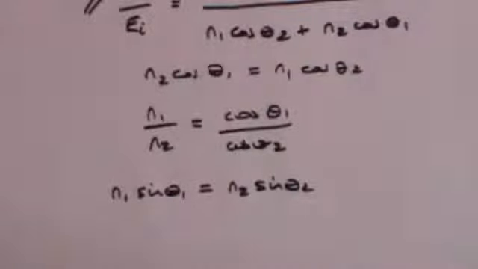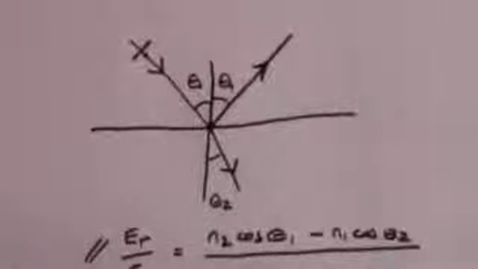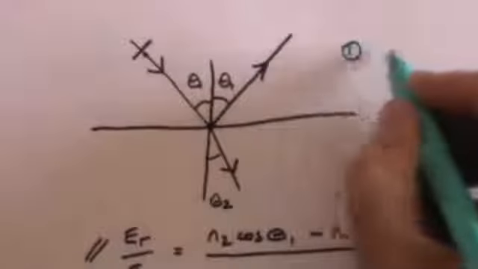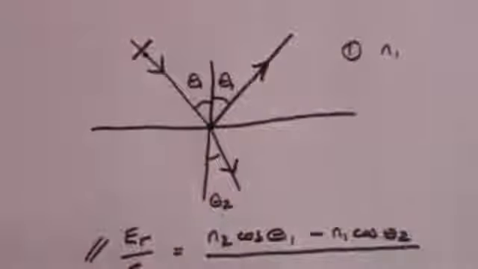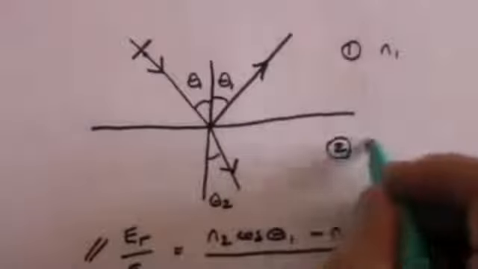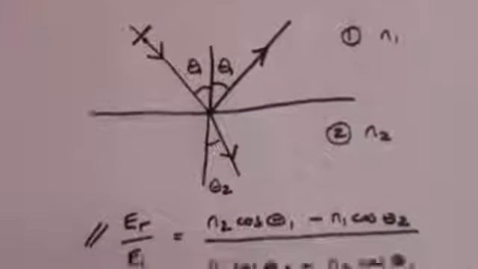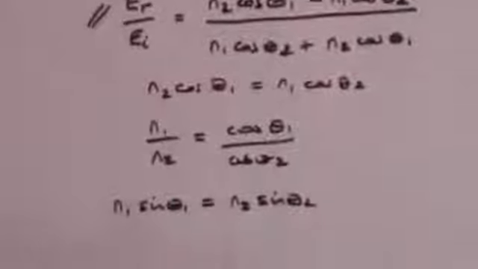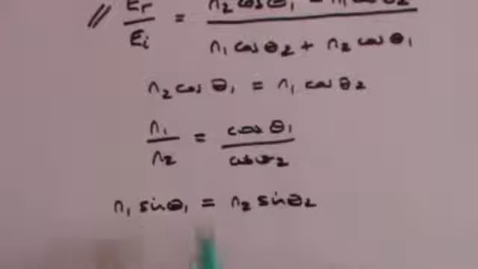Just to confirm, we had done all this, so I'm assuming it, but n1 is the refractive index of medium 1. So this is medium 1, it has a refractive index n1. This is medium 2, it has a refractive index n2. And for refraction purposes, this is known as Snell's law, and it equates the angle of incidence and the angle of refraction by the refractive indexes.